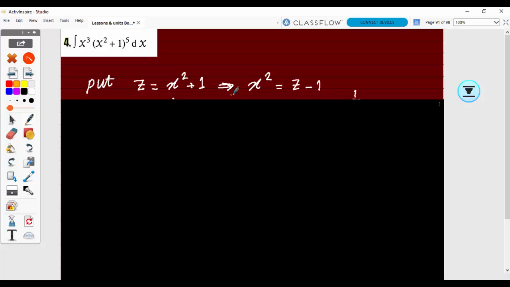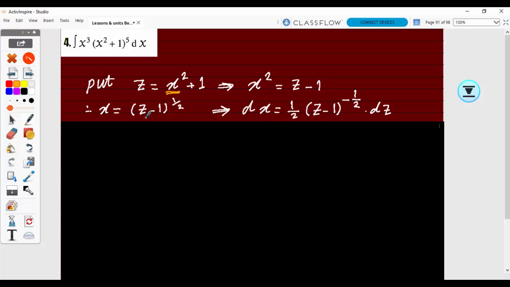To convert everything to z, we consider x^2 equals z minus 1. Again, z equals x^2 + 1, so x^2 equals z minus 1, and taking the square root of both sides, x equals (z - 1) to the power half.